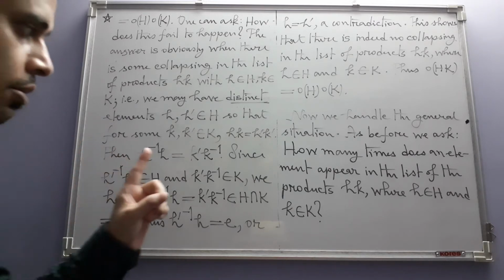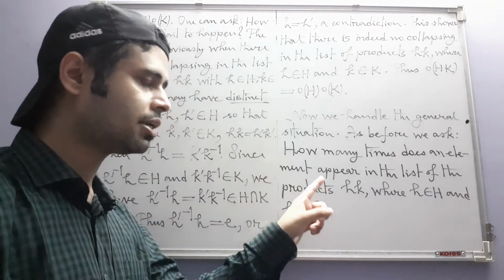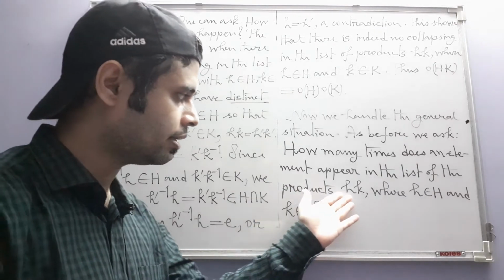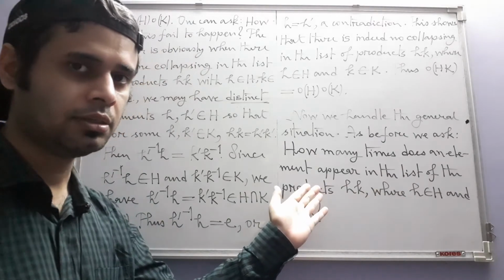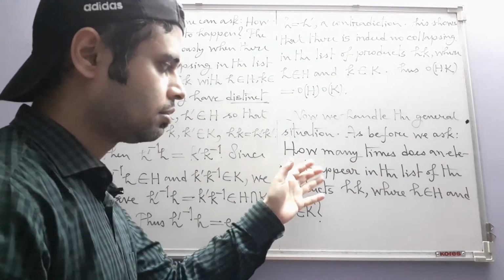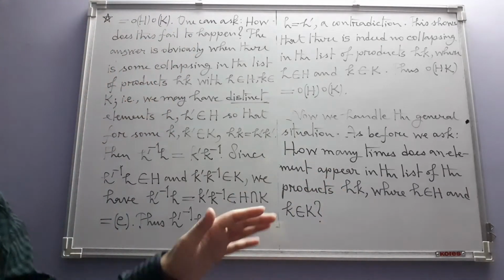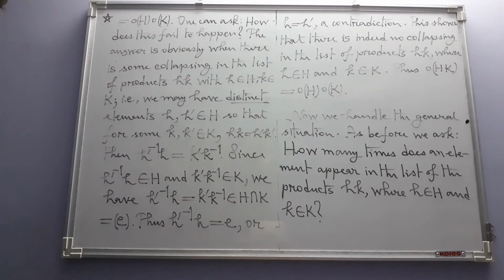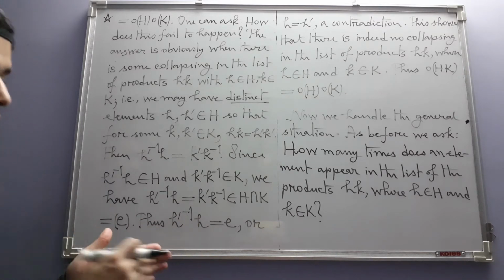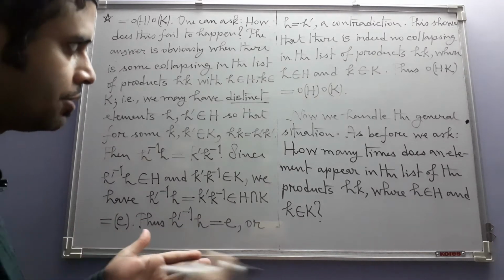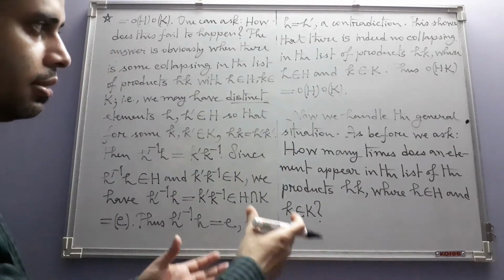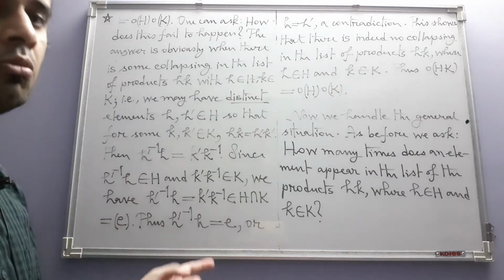We want a single element only once in HK, but the way we are listing these products, there may be repetitions or duplications, so we have to divide by the number of times it is being repeated. So if, for example, an element is being repeated 3 times, then if you count like this, that 3 will appear. So you have to divide by 3 to make it 1.